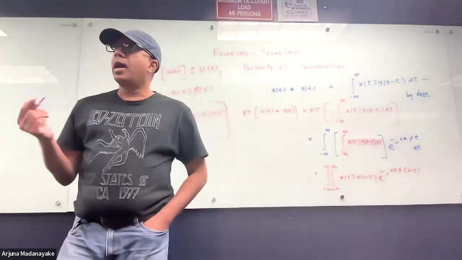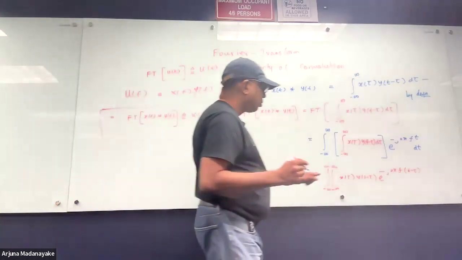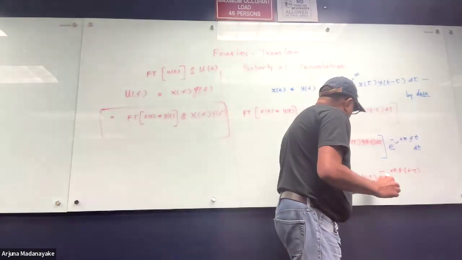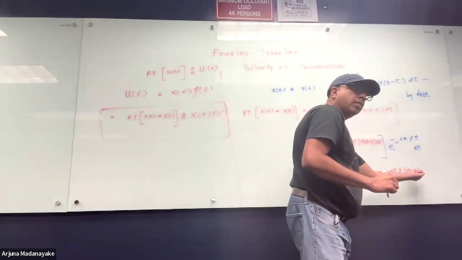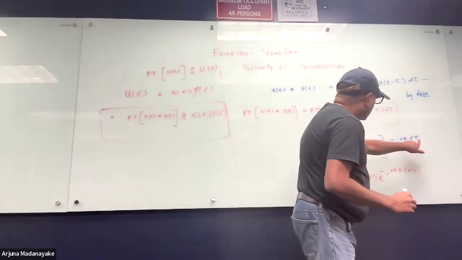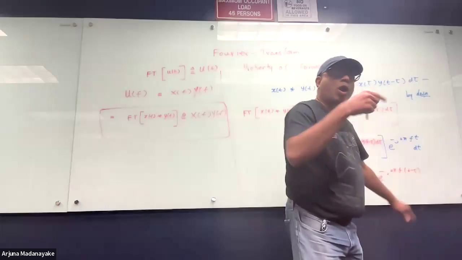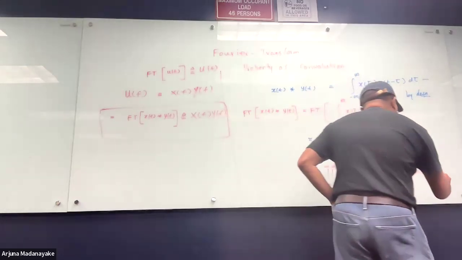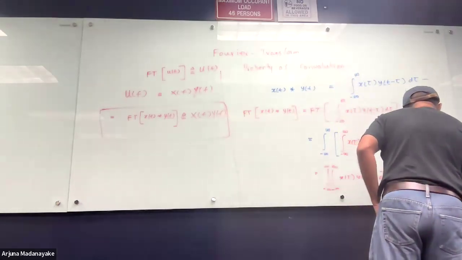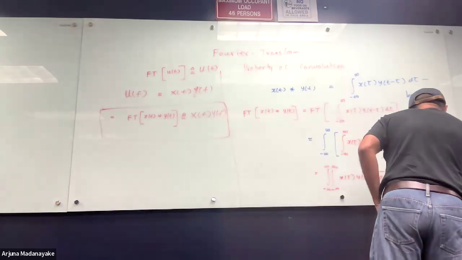I added in an extra tau because I want to have t minus tau here and t minus tau there. Okay, but when I do that, I started out with just a t, but I added an extra tau. So I got to get rid of it. So I get rid of it by putting an extra term like so.